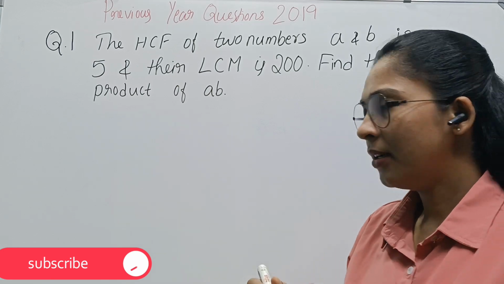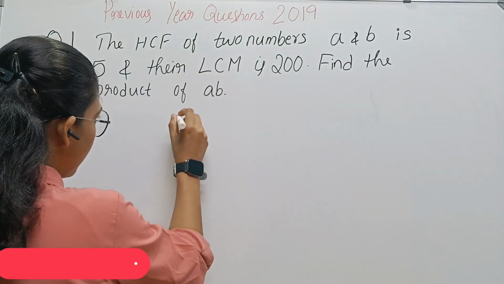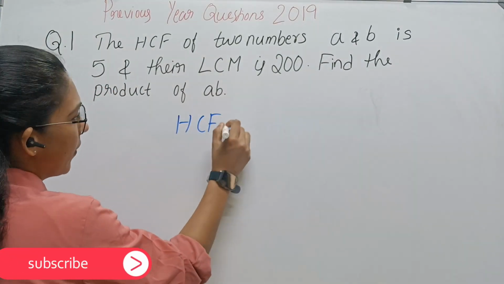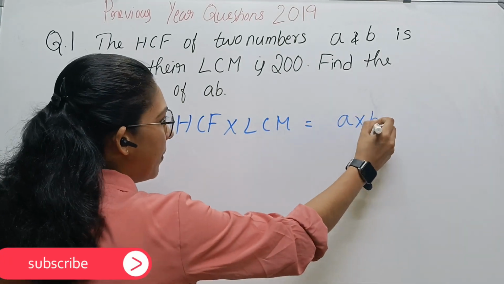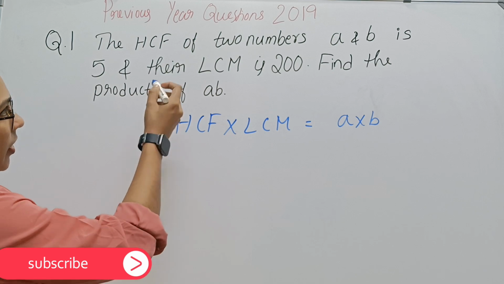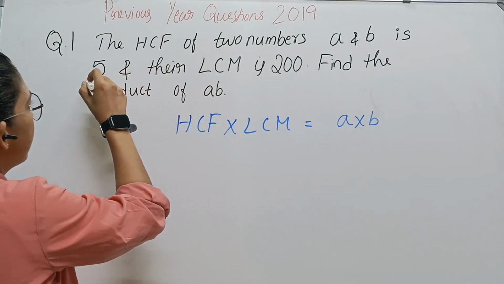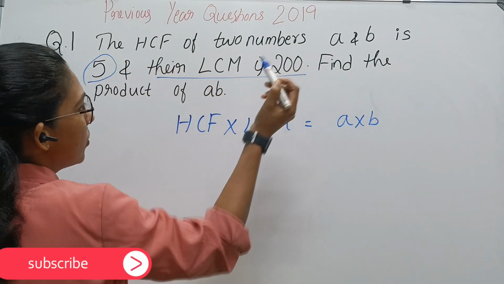Actually, this is very simple. We already studied an equation, that is, the product of HCF and LCM is equal to the product of the two numbers. In this case, HCF is 5 and LCM is 200.